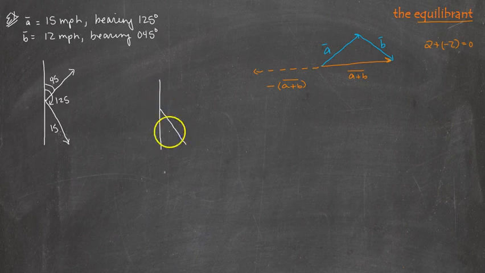So let's redraw this so that we can map the most important information. I have a vector with a magnitude of 15, and I add to that a vector at 45 degrees, with a magnitude of 12.